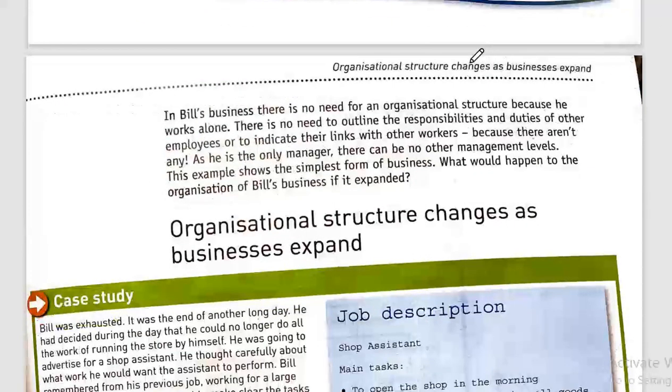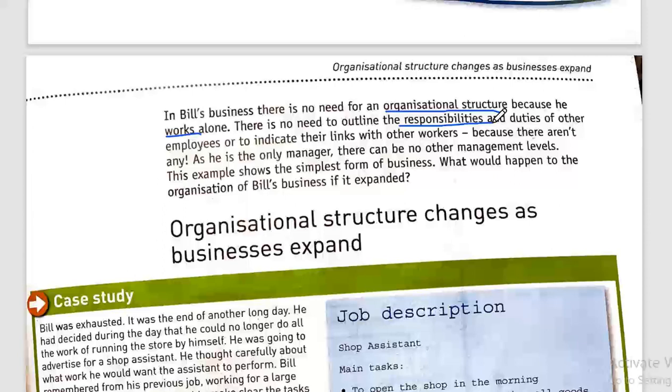Over here, they're saying that sometimes when a manager is working alone, there's no need for an organizational structure because there's only one level, only one person working alone. So there's no need to outline the responsibilities because all the responsibilities are going to be for that one person.